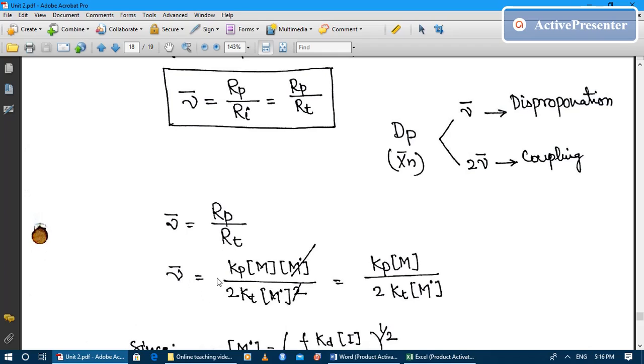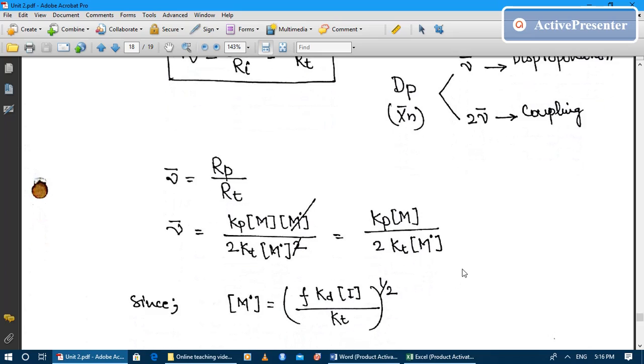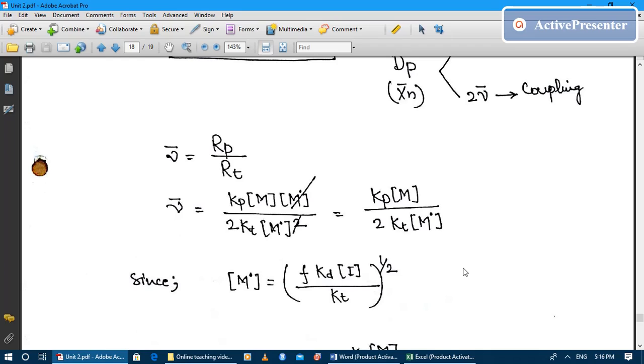So nu bar is Rp over Rt. Let's put the value of Rp: this is Kp concentration M times concentration M dot, over 2 Kt concentration M dot squared. So M dot will cancel out, and it will be Kp concentration M over 2 Kt concentration M dot.